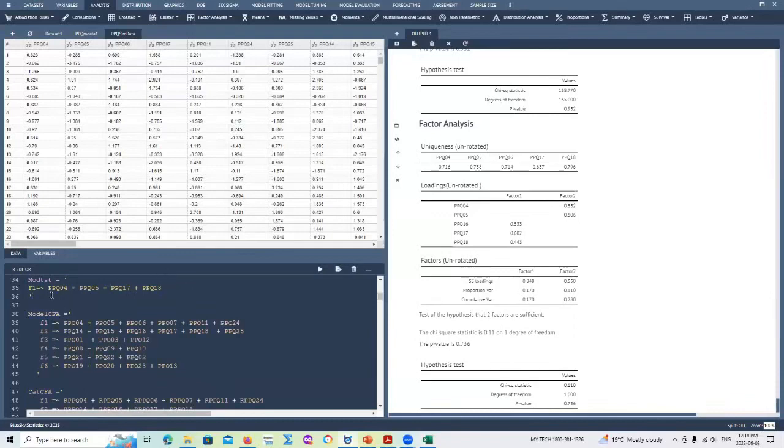Let's suppose we take this one-factor model. We know that this is a 3-factor model. Sorry, is it 3 or 2? It's a 2-factor model, because P4 and P5 are factor 2, and P16 to P18 are factor 1. That's why we say it's a 2-factor model.